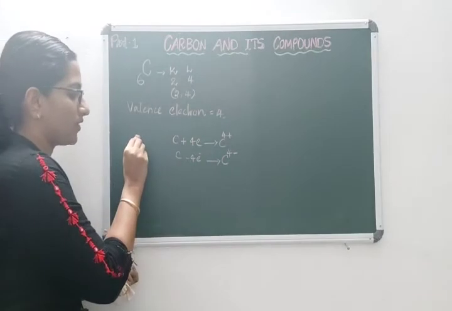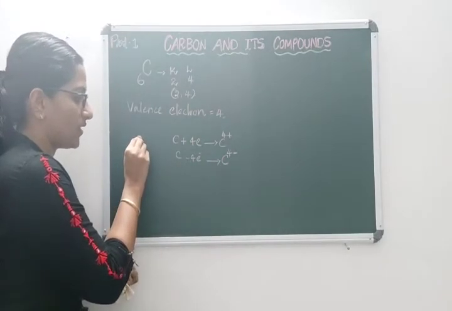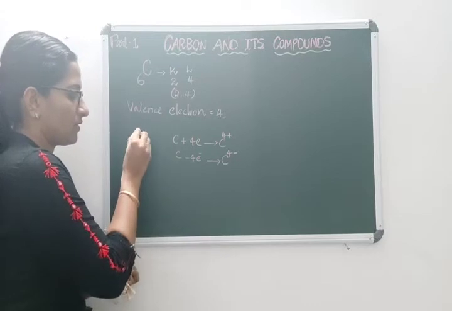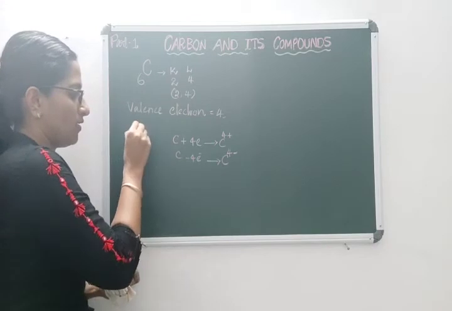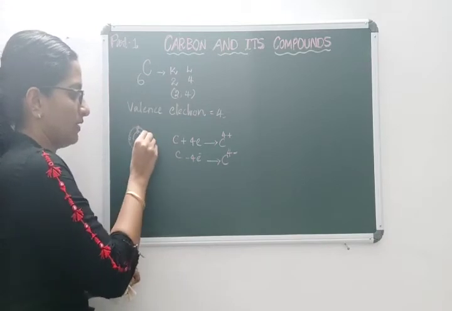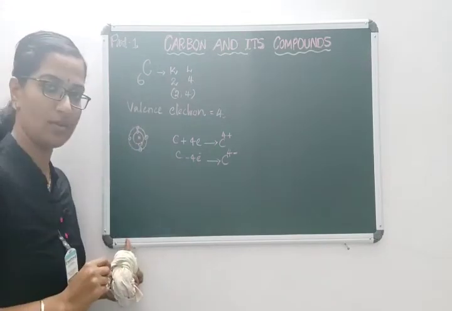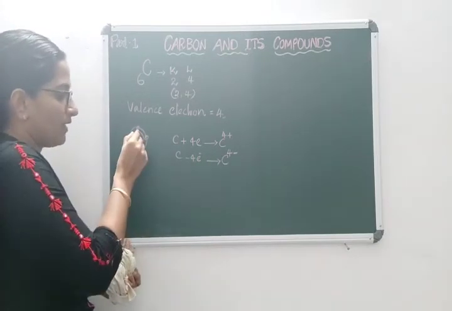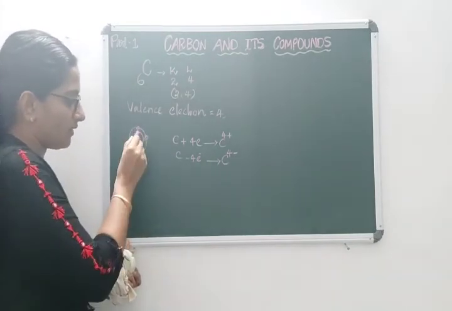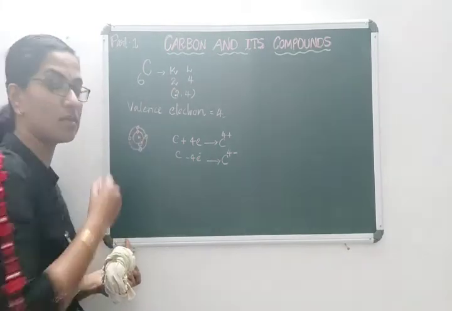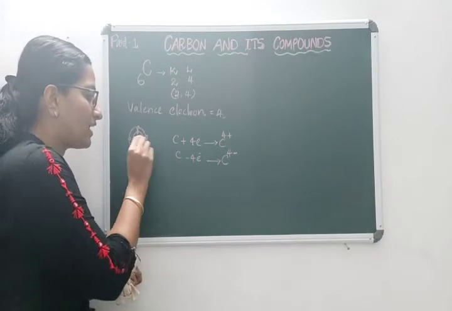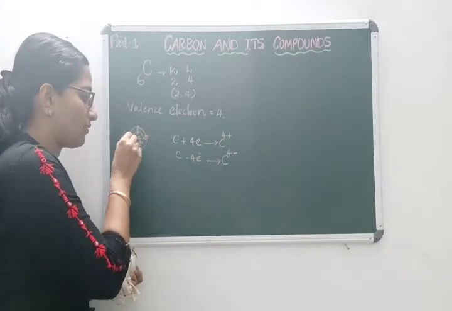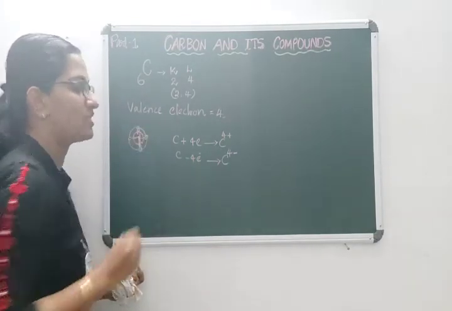Look here, when you take carbon as an individual element, the nucleus is at the center, with 2 electrons in the K shell and 4 electrons in the L shell. Look at the atomic radius. The shells are closer to the nucleus, so the atomic radius is very small.